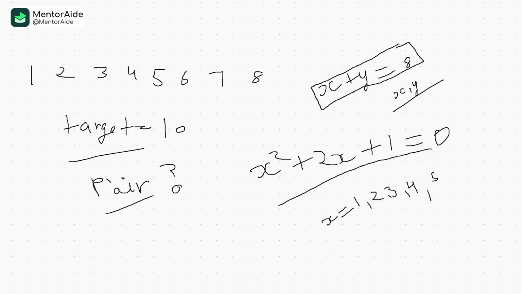Okay, so as Sandeep mentioned, x is equivalent to 8 minus y. Wait, let me erase the below ones.